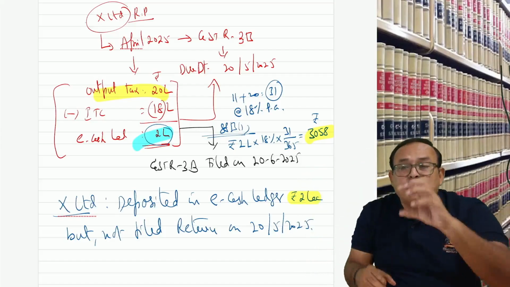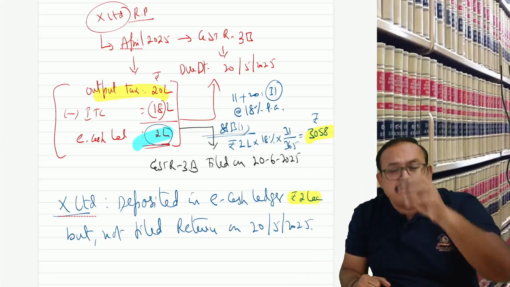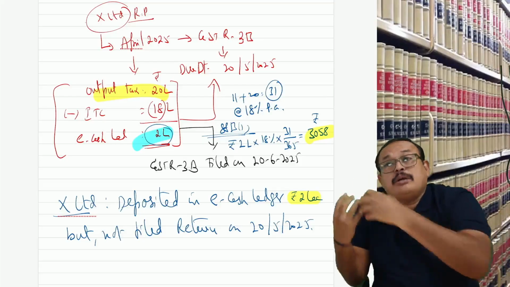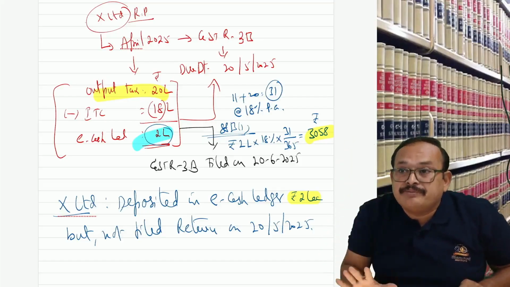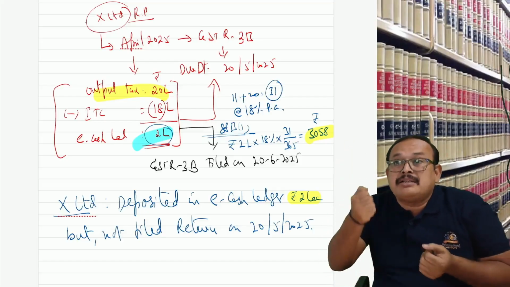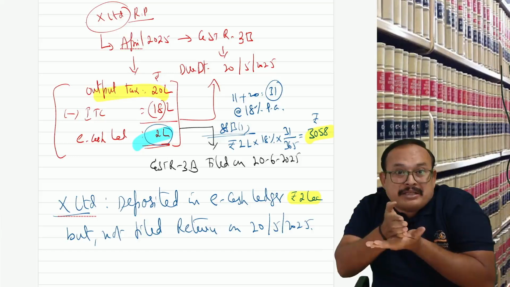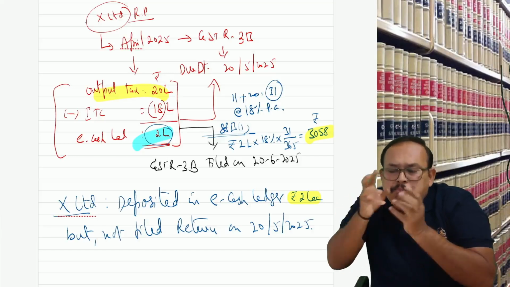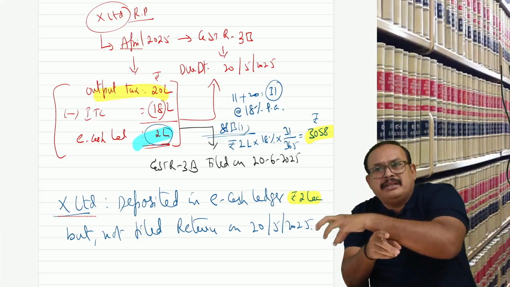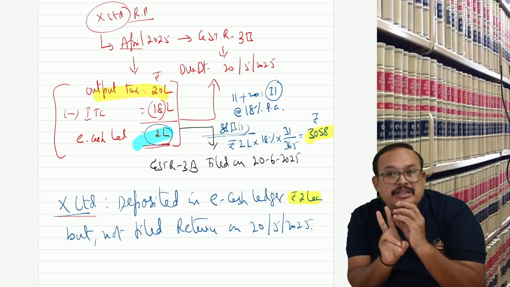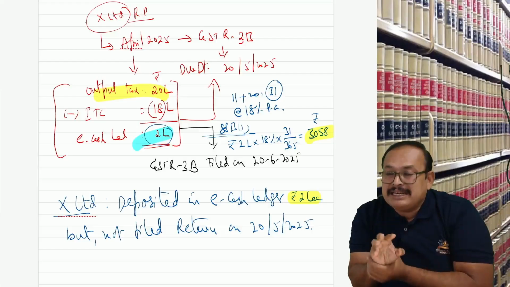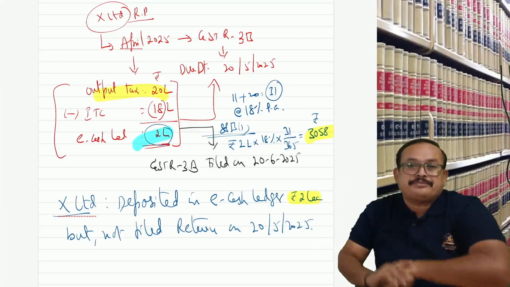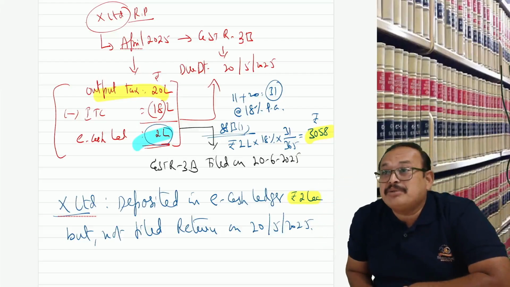Suppose 2 lakh is liable to pay on 20th May 2025, but I brought into the electronic cash ledger only 1,50,000 as on the due date, and the return was not filed, a belated return is filed. In that case, shortfall how much? 50,000. That alone will attract interest for the number of days of delay at the rate of 18%. Got the clarity?